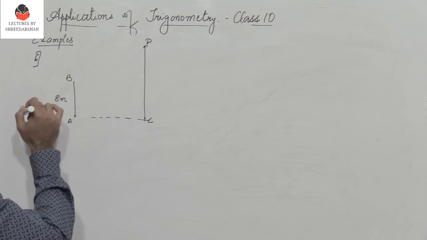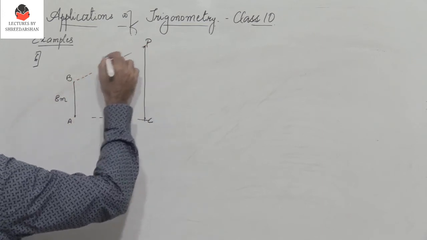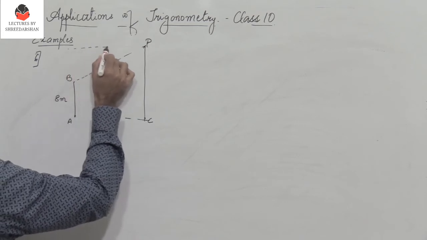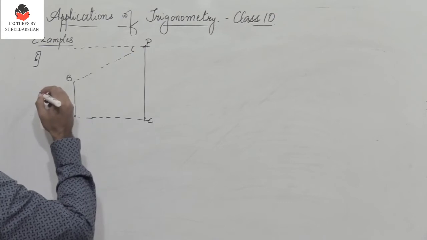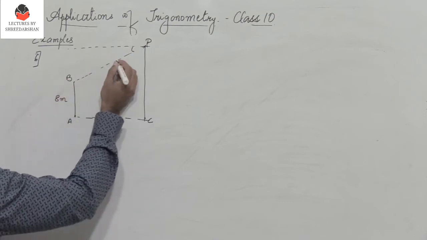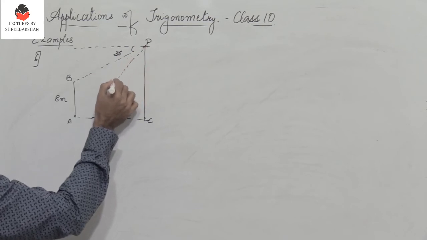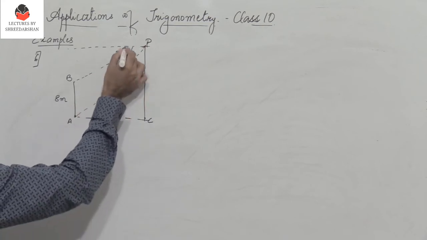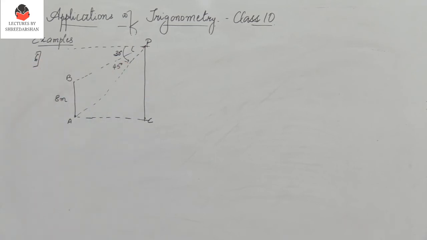The angle of depression, right? If I consider PB, and a line parallel to the ground, this angle to the top of the building is 30 degrees. And the angle of depression to the bottom of the building is 45 degrees.